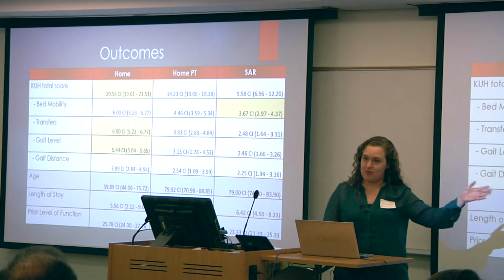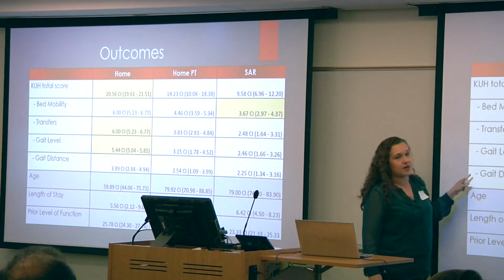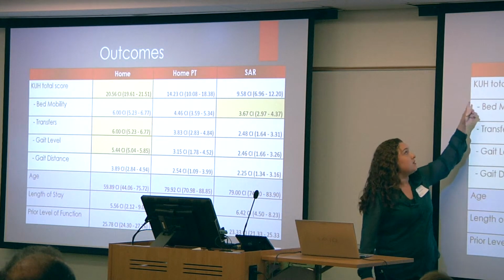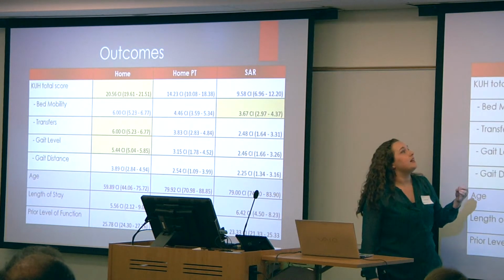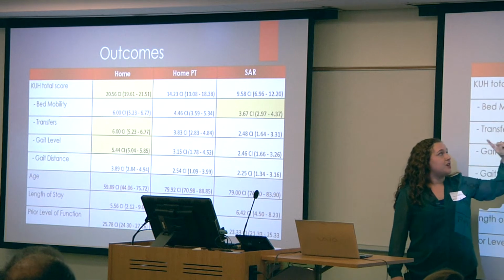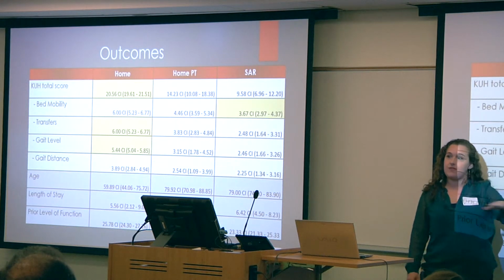Outcomes, you don't need to memorize this. So the KUH is divided into 4 basic parts. Rated 0 to 7, total is out of 28. What I found when I started looking at all this data is that the KUH did a very good job of showing people who went home with no further therapy needs.